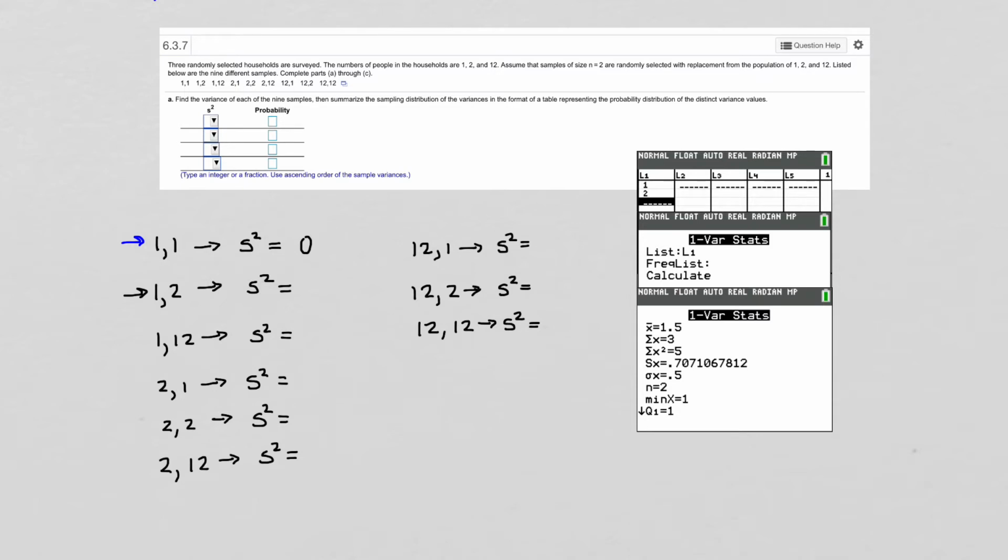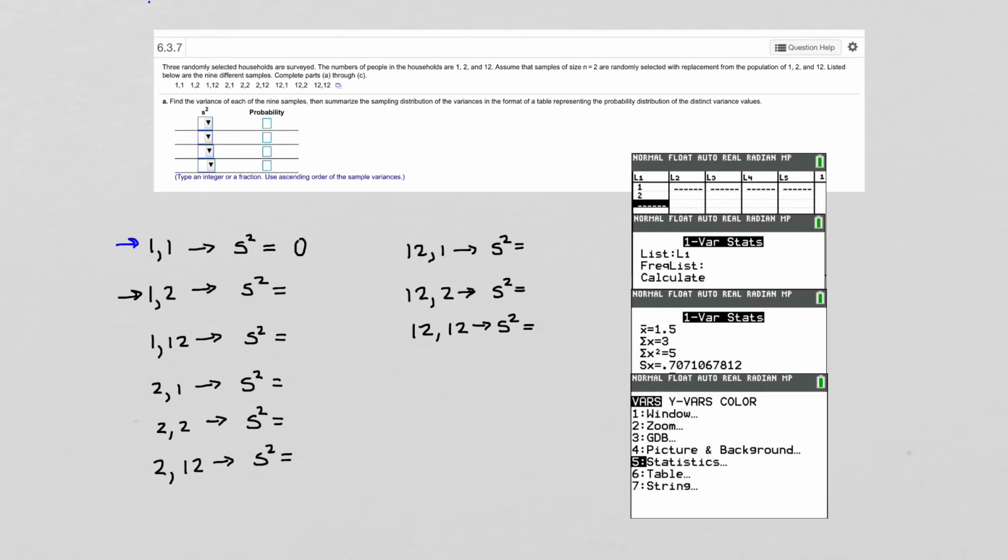But what you can also do is choose variables. So here I am in the variables menu, and you have a vars key on your calculator. When you press that, the variables window comes up, and we want to choose number 5, statistics.